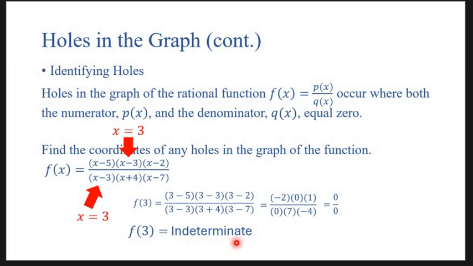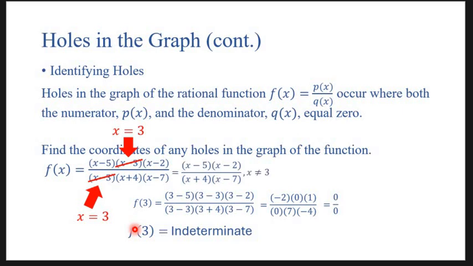So f of 3 is an indeterminate form, which means that 3 is a place where we have the hole in this rational function. We can't plug 3 in to figure out what the y value is, so what we're going to do is find a function that is similar to this one by canceling out that factor that has 3 as its 0.